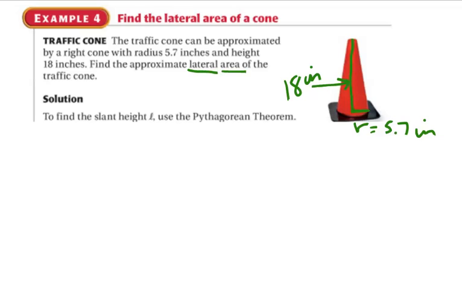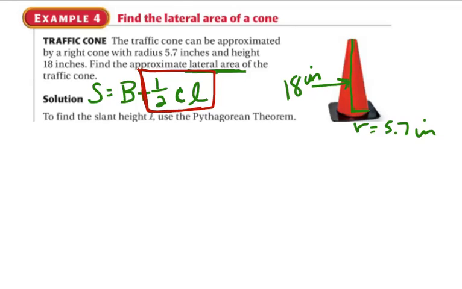So if we go back and look at the total surface area, where we do the base plus 1/2 circumference times the L, well, a lateral area is where I want this part, let me put it in red, this part right here. That's just the surface area around the cone without a base. So if we want lateral area, we want everything but the bases. No bases in lateral area.